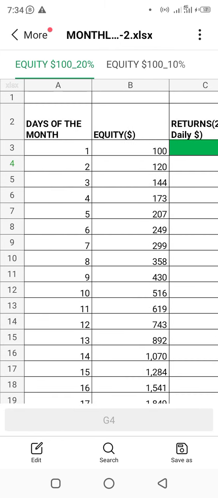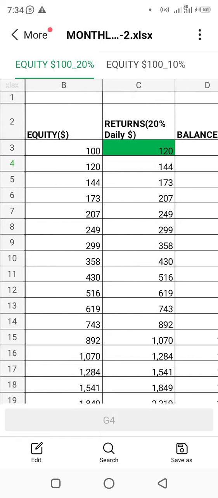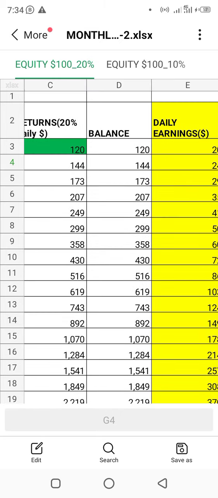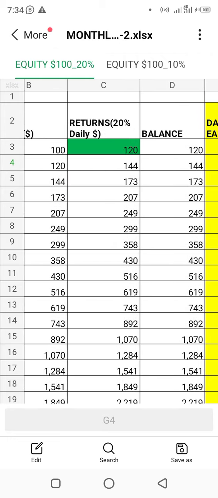Then we go to day three with your $144. After trading, with the 20% increase, you are climbing to 173, and that is your balance for the day. That means your daily earnings for the day is $29.